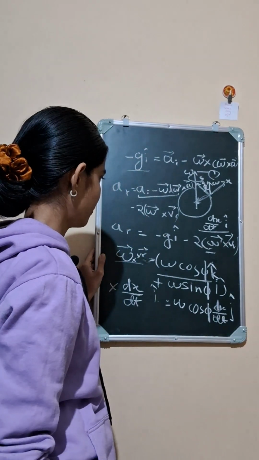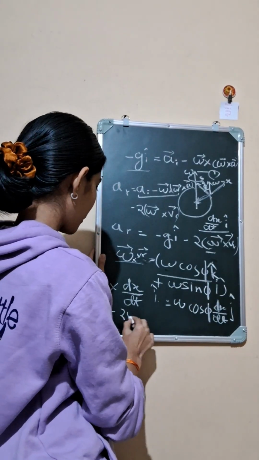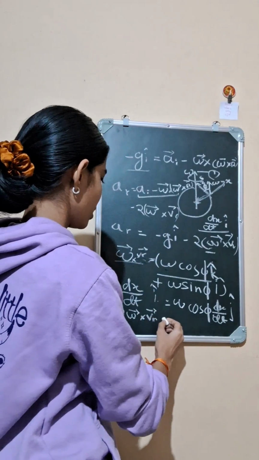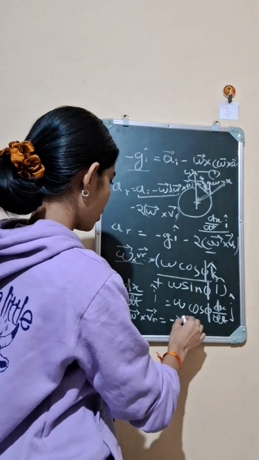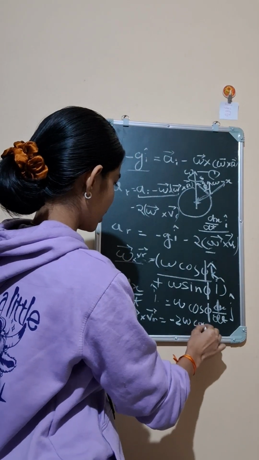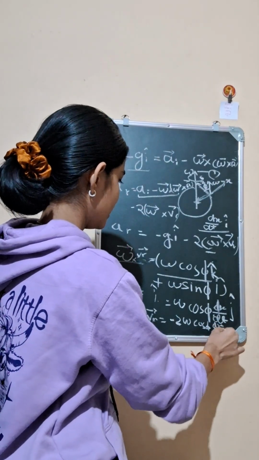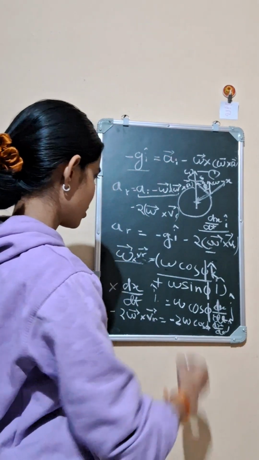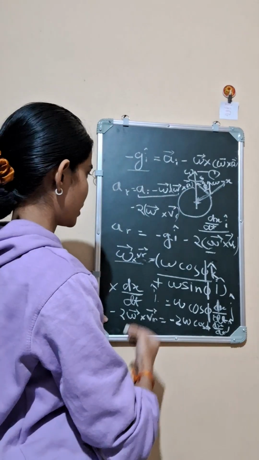So minus 2 omega vector cross vr vector equals minus 2 omega cos phi dx by dt j cap. Right, k cross i is j: minus 2 omega cos phi dx by dt j cap.